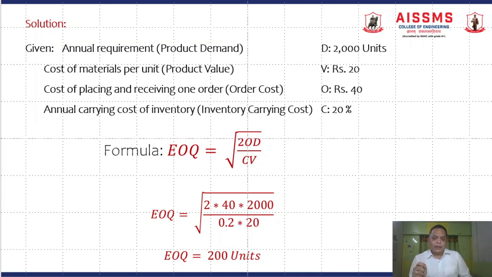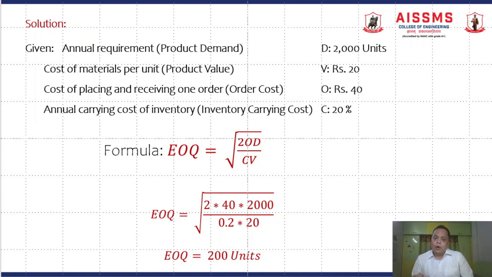In some cases they directly give the annual carrying cost per unit. When they give the annual carrying cost per unit, that is nothing but CV. Here, when it is given as a percentage, we need to multiply it with the product value, which gives CV. We are going to see that in the next problem. As far as this problem is concerned, it is very simple to solve.